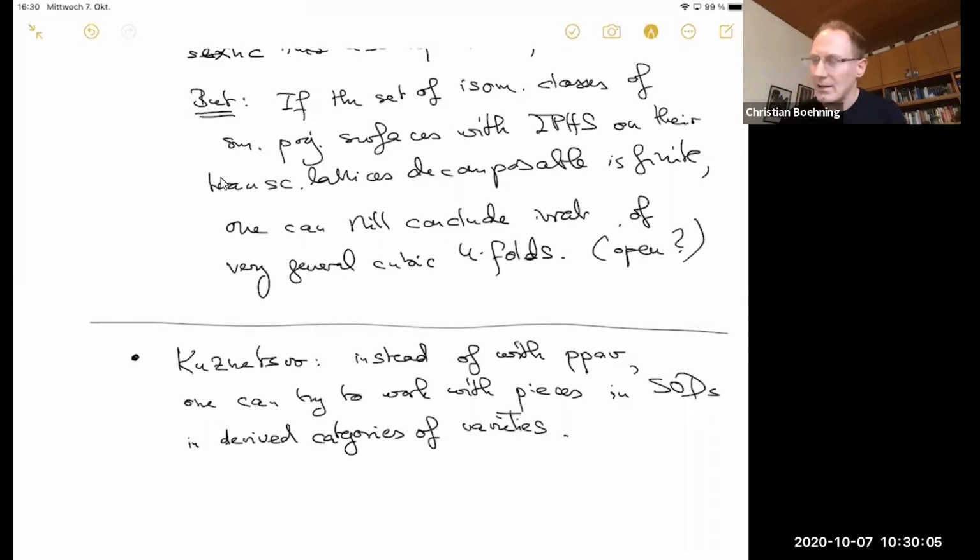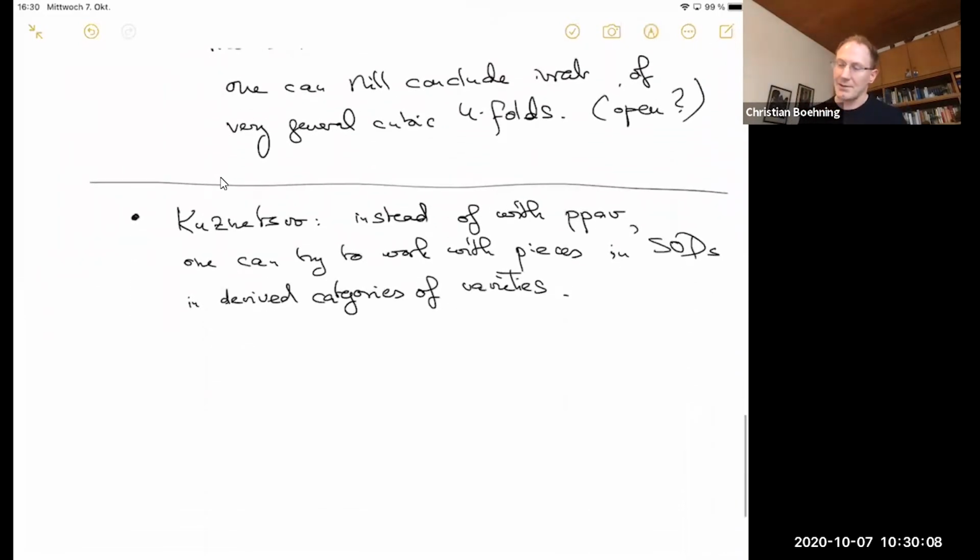And in particular, one can try to single out in certain cases some component that would be analogous to the intermediate Jacobian, the so-called Clemens-Griffiths component of one given maximal semi-orthogonal decomposition in some derived category of a smooth projective variety, where one throws away all the pieces analogous to Jacobians of curves, which are those that can be fully faithfully embedded into derived categories of smooth projective varieties of dimension at least 2 less than the variety one started with.